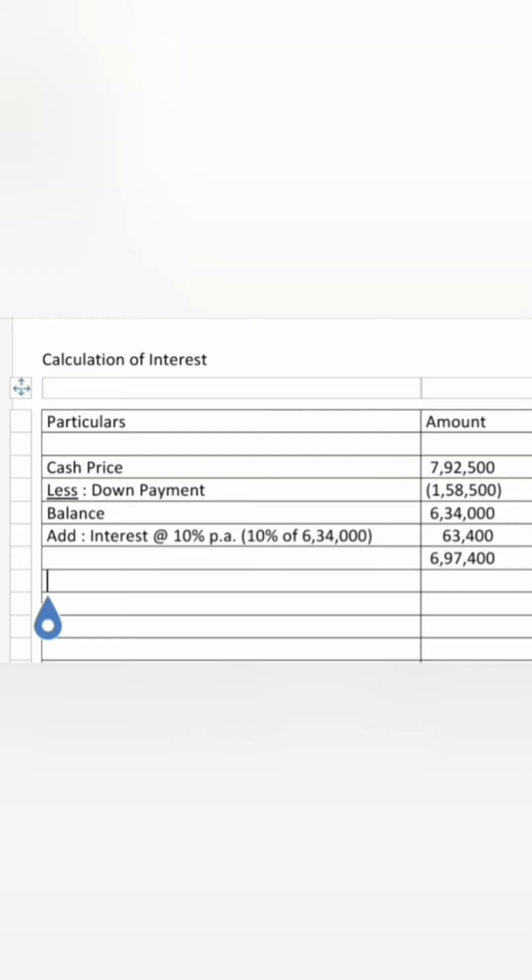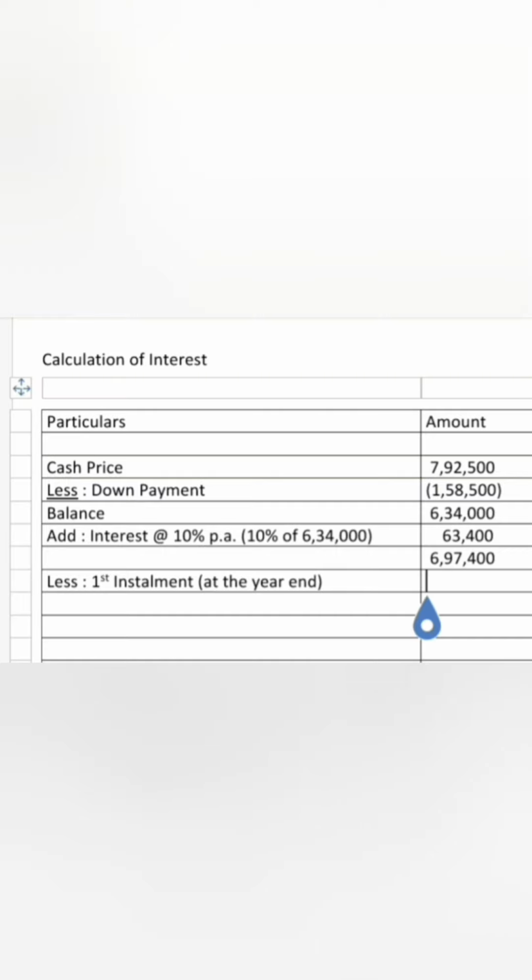Now after adding up interest, this is the amount which is to be paid. From this, less installment. So first installment we are going to pay, or hire purchaser is going to pay first installment. First installment, obviously it is of rupees 2 lakhs. In fact, all the installments are of rupees 2 lakhs.